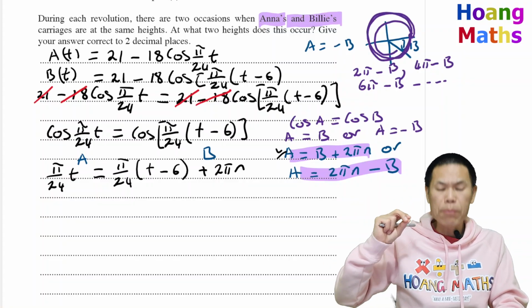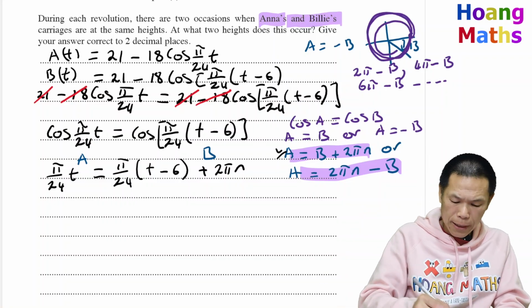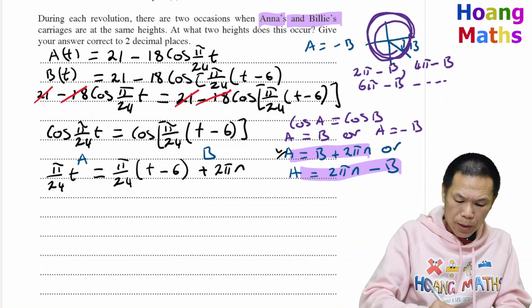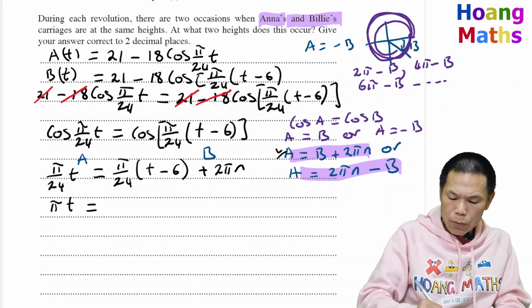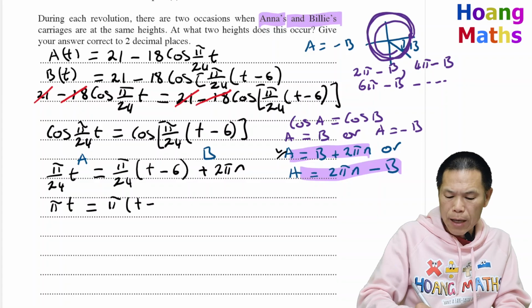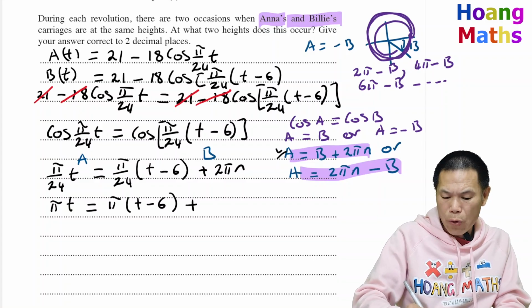Let me just times 24 on both sides. So that will give me pi t is pi bracket t minus 6, plus 2 times 24, 48 pi n.